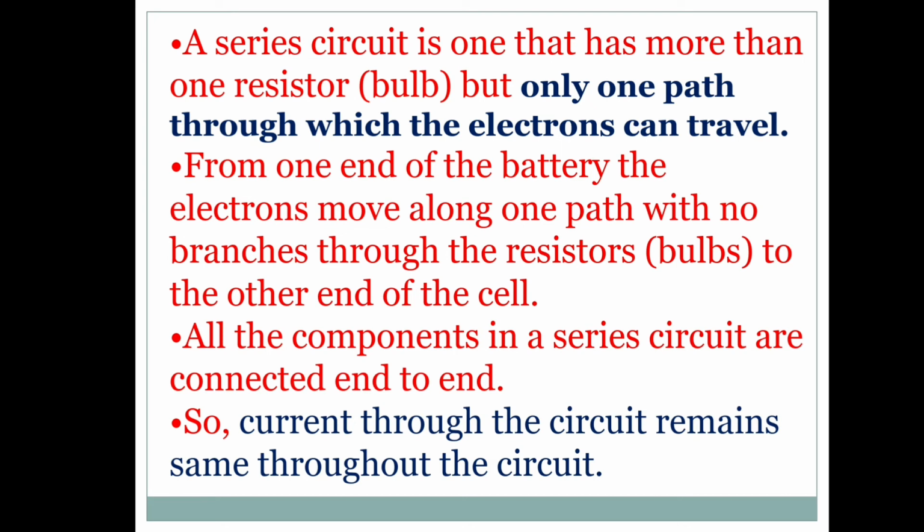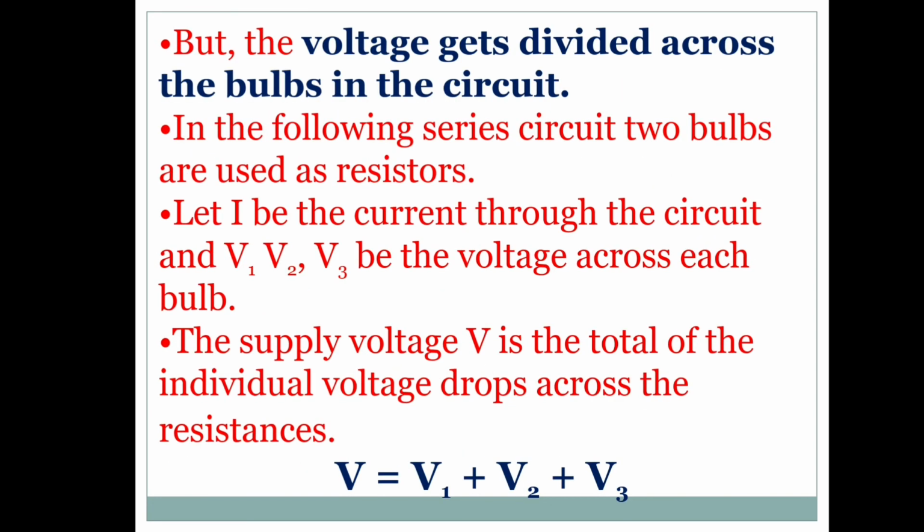All the components in a series circuit are connected end to end. Fourth point, the current through the circuit remains the same throughout the circuit, but voltage gets divided across the bulbs in the circuit. In the following series circuit, two bulbs are used as resistors.